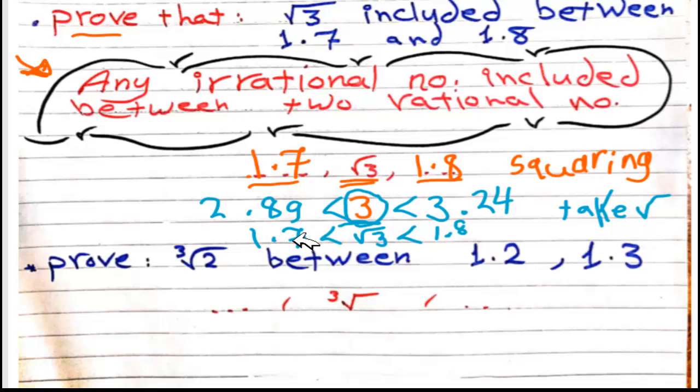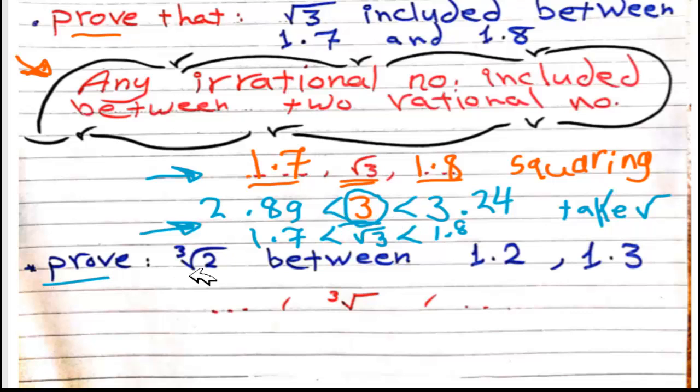So first I squared all of them to cancel the square root. Then I put the square root again just to prove the number between them is right.